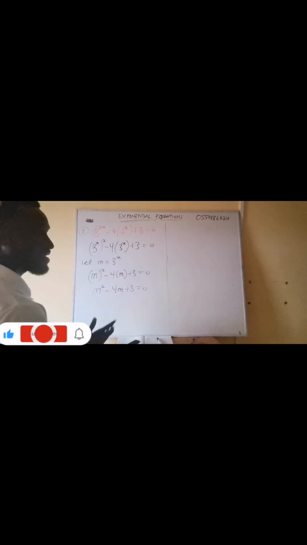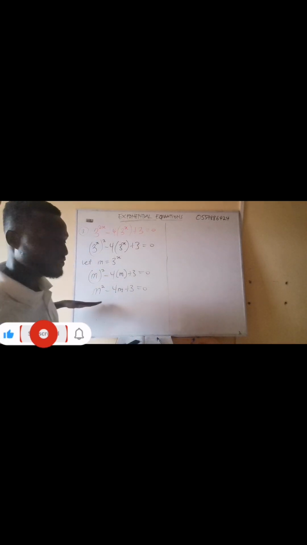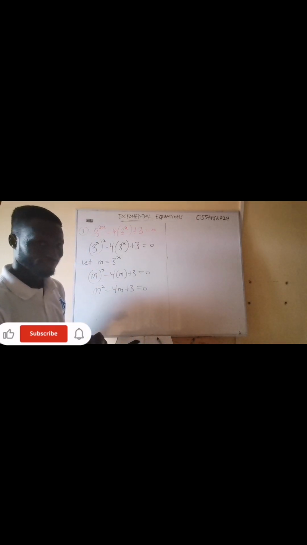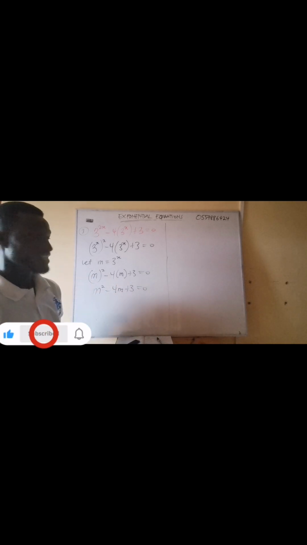I hope you've seen the quadratic equation here, right? Yes. So the best thing you're supposed to know is how to convert this one to a quadratic equation, then you solve. I did the substitution, so after the substitution I'm going to look for the value of x. Now you need to factorize this one first. This one you're supposed to know. So I have m squared. This one is 3 times 1.